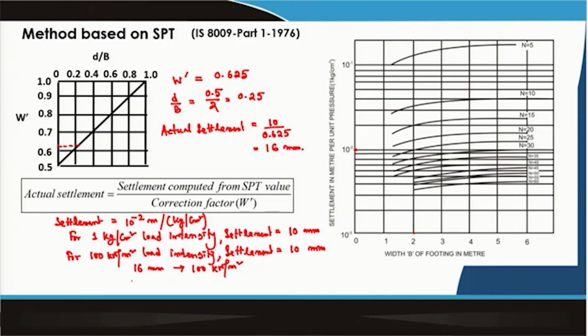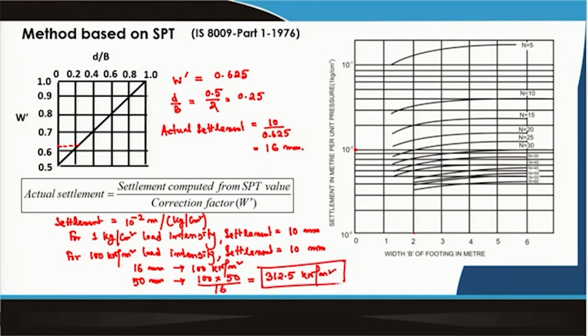Okay. And the permissible settlement is 50 millimeter. So, 50 millimeter we will get for how much load intensity? That will be 100 into 50 divided by 16, and that is 312.5 kilonewton per meter square.